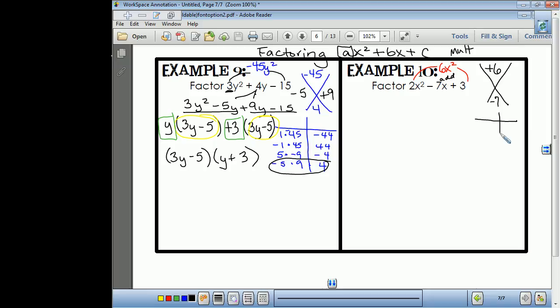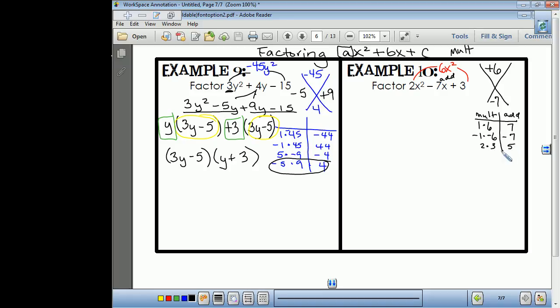So what can I multiply to get 6? 1 and 6. And when I add those, I get 7. Negative 1 and negative 6. And when I add those, I get negative 7. I can really stop, can't I?